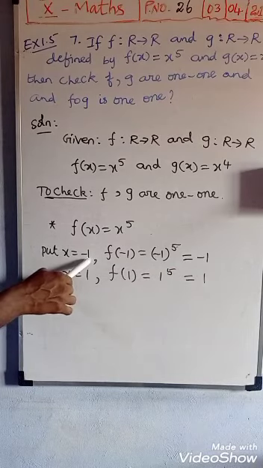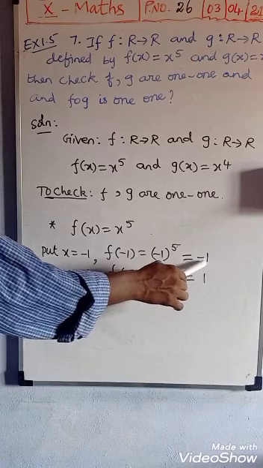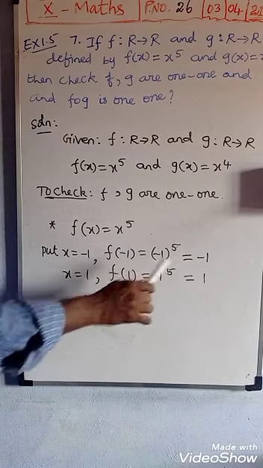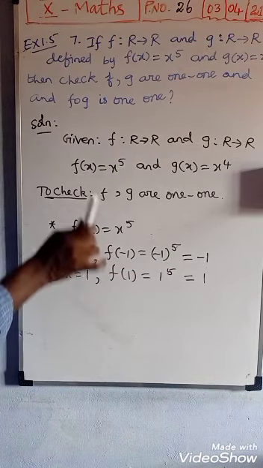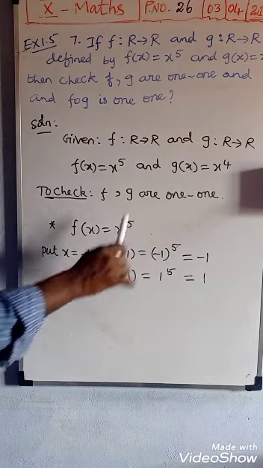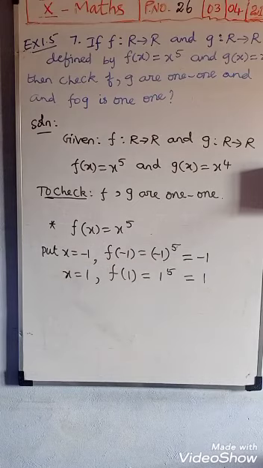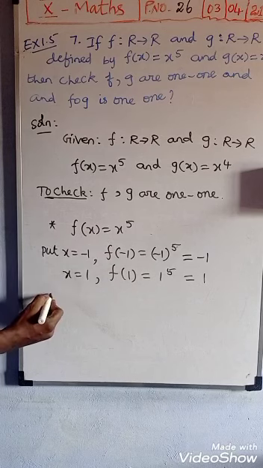So whatever different values you substitute, different images we are receiving. Here -1 gives -1, +1 gives +1, 2 gives a positive value, 2^5 is 32, so -2 gives -32. So different values only we are receiving.